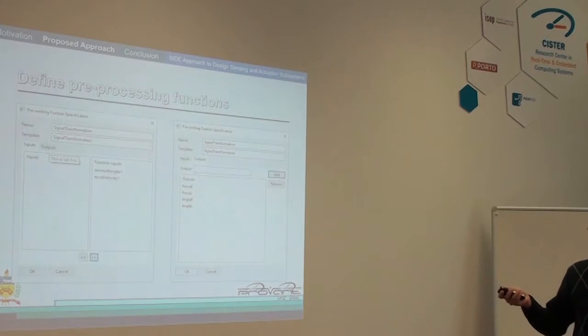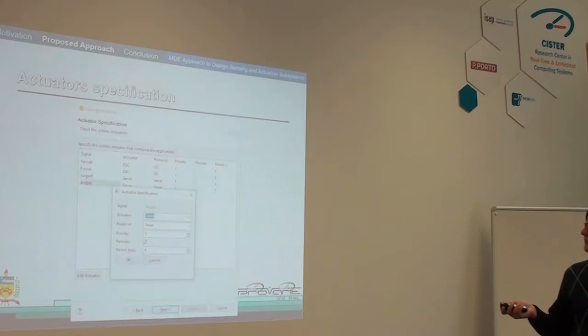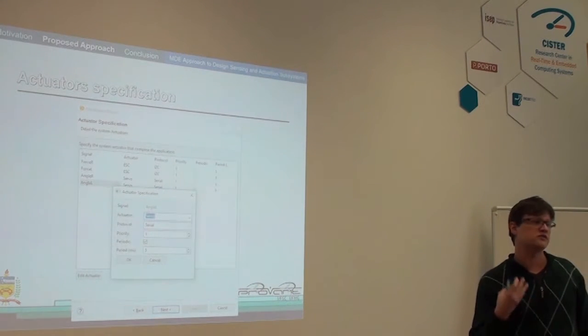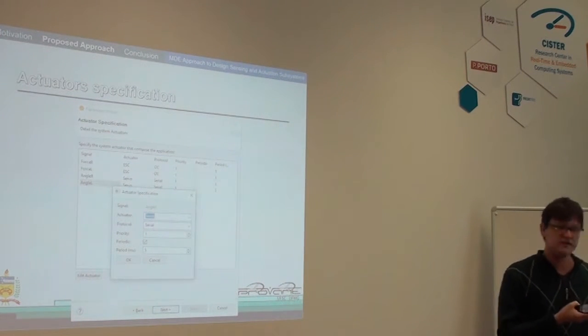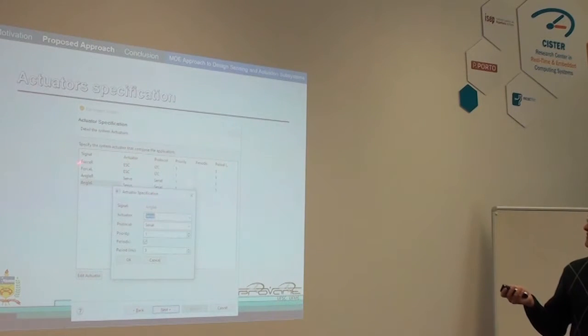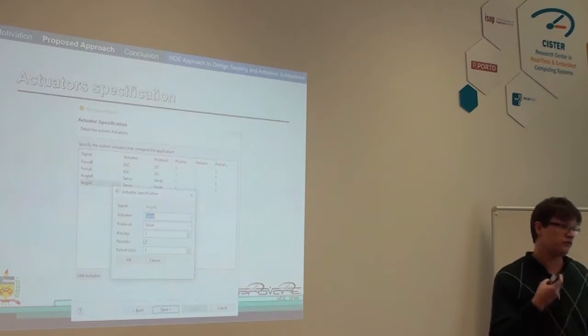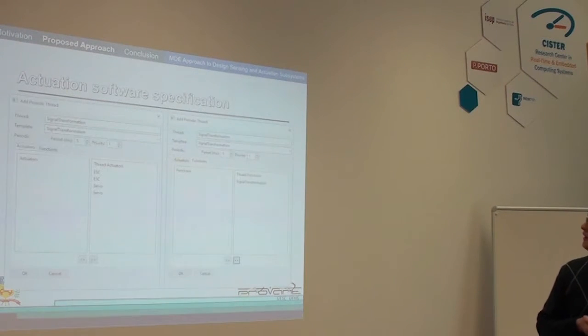So basically, we specify the inputs and outputs of this function. Based on the outputs of the functions and the signals that do not need pre-processing, we define the system actuators. Here we define some characteristics of each actuator, like communication protocol, priority, and period of each of our signals, and then organize the actuators and functions in software structures.